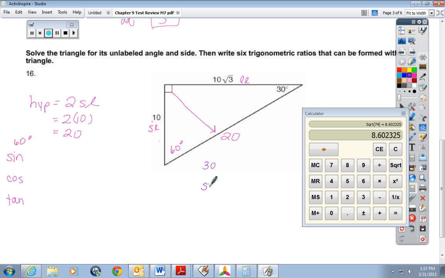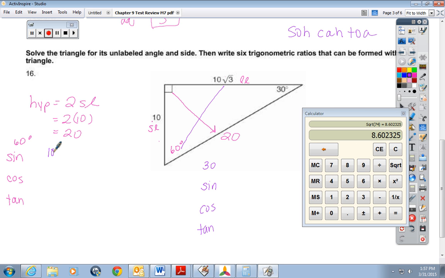So again, we've got the total. Okay, so the sine of 60 is going to be the opposite, which is this, 10 over the square root of 3, times the square root of 3, over the opposite over the adjacent.